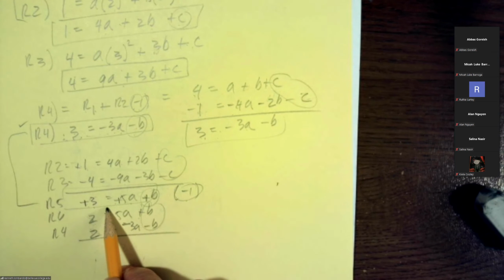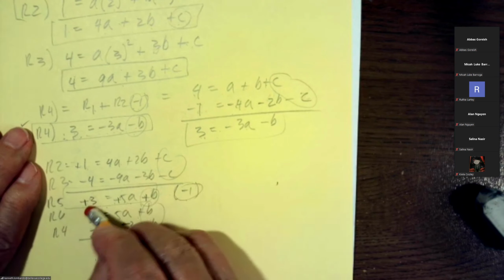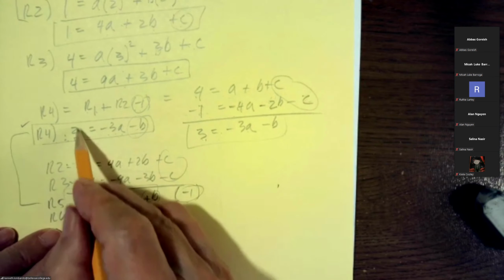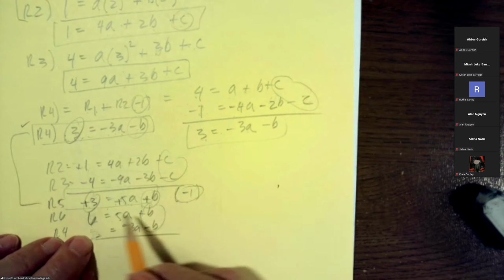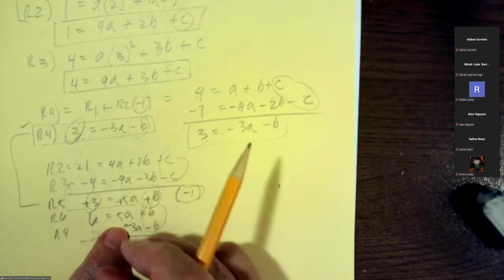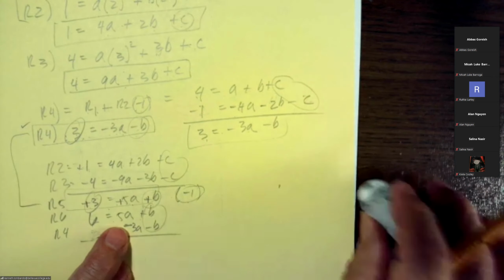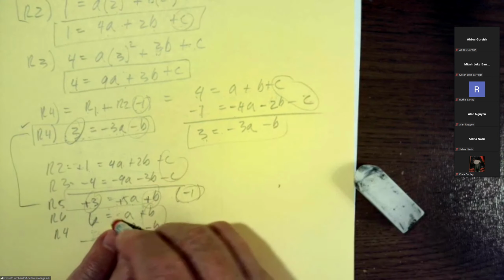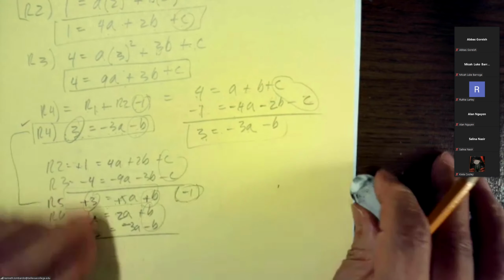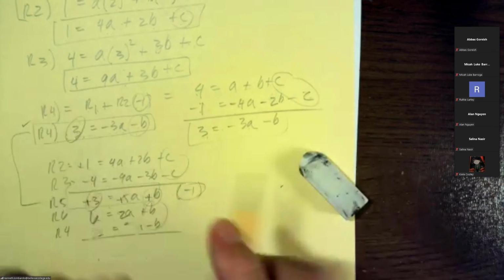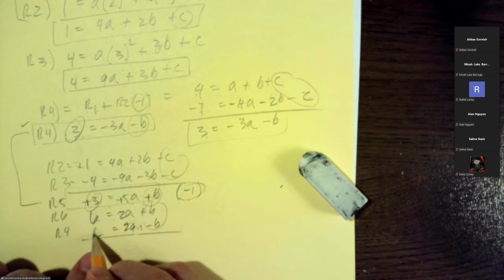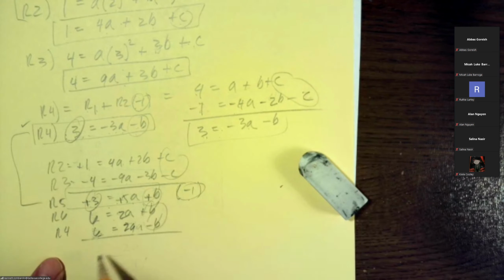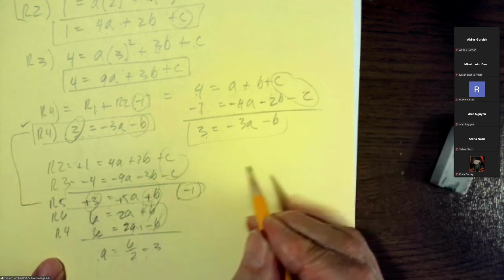So when we combine those, we get not 2, but this is 3 plus 3 is 6. And we combine 3 and 5 gives me a 2. 2A, 6, those cancel. So A equals 6 over 2, which is 3.